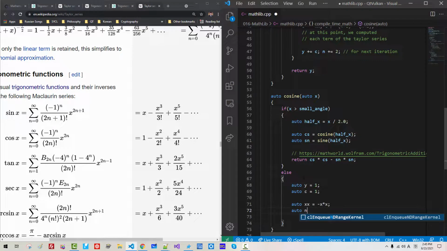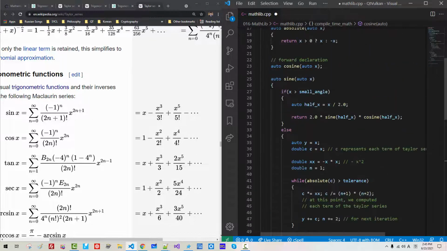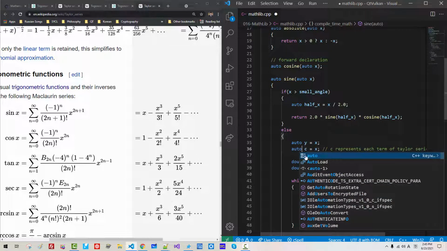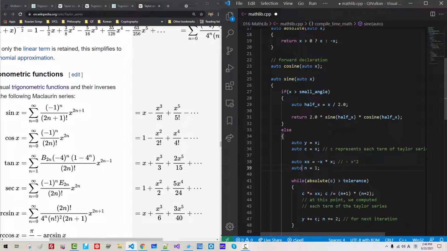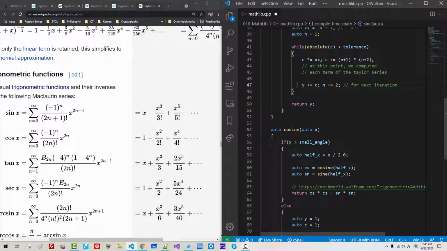Auto n1. Sorry. Scroll up. I will change it. Now scroll down.